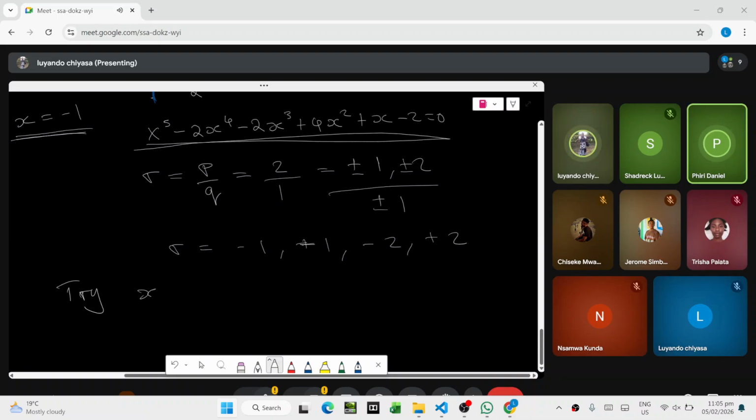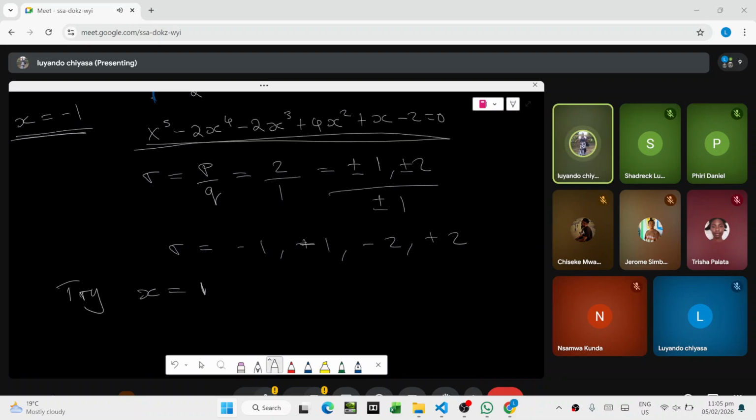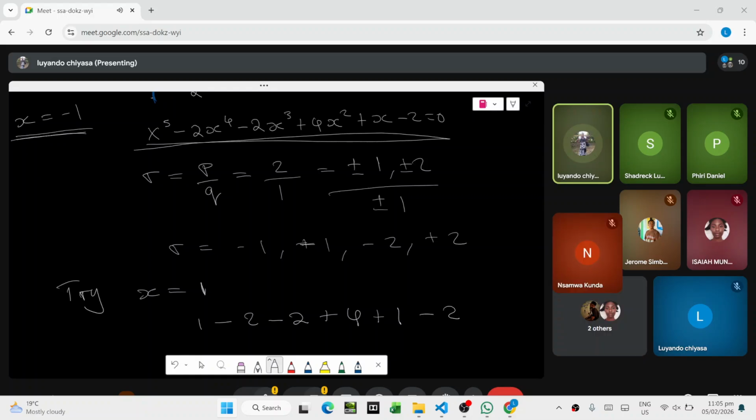Try 1. So we try when x is equal to 1 and replace in there. It's basically 1 to the power 5 minus 2 times 1 to the power 4 minus 2 plus 4 plus 1 minus 2 is equal to 0. Okay, I can see that this one and this one are cancelling.